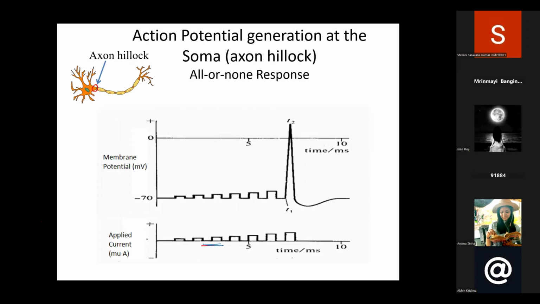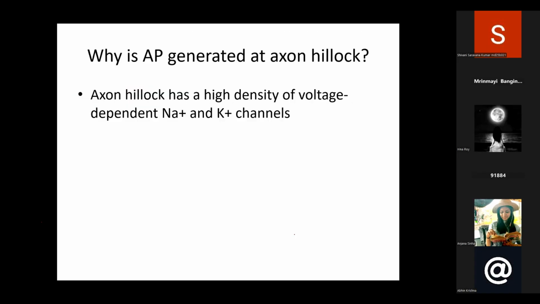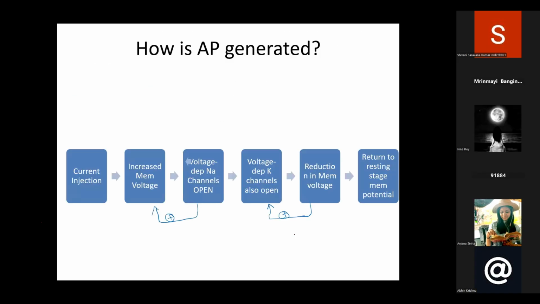Now when you try to excite the neuron by giving pulses of current, when you give a small current pulse, that will create a small increase in voltage. The increase in voltage will make sodium channels open, and because we know that when sodium channels open the voltage increases, that will in turn increase the voltage further.